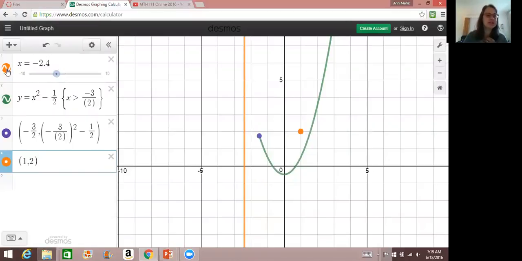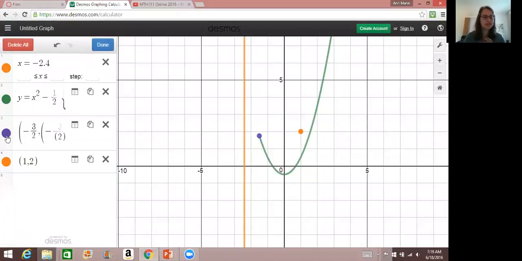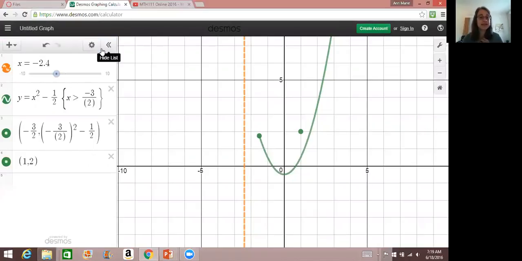Okay, so the question is: this entire collection of points that I have on my screen here, is this a function? Well, let's check. Let's use our vertical line test with my little orange dotted line here and see. Now I want you to understand everything that's on this screen except for my dotted orange line is part of the relation. Even the dot that's not on the line is still part of the relation. So, is this a function?